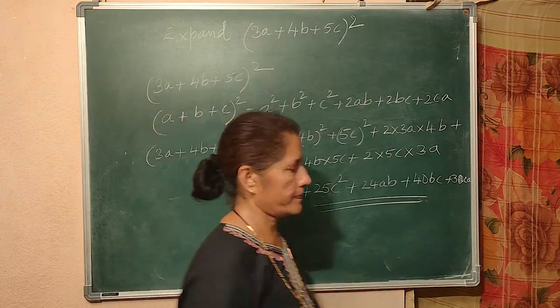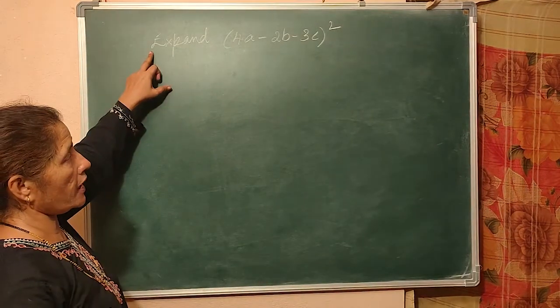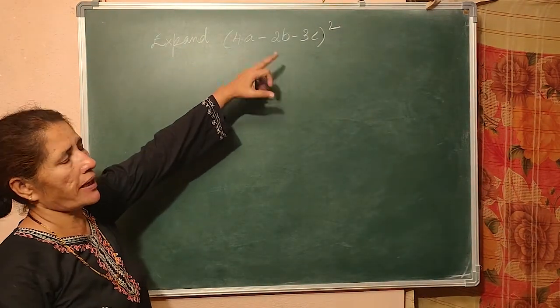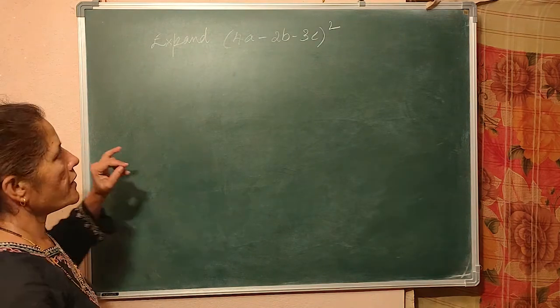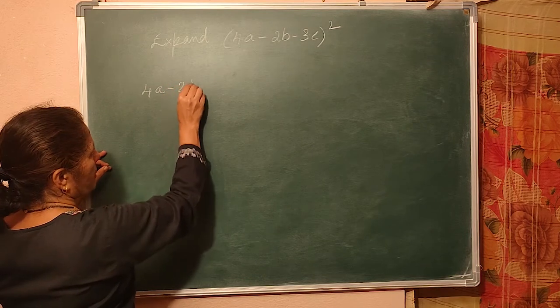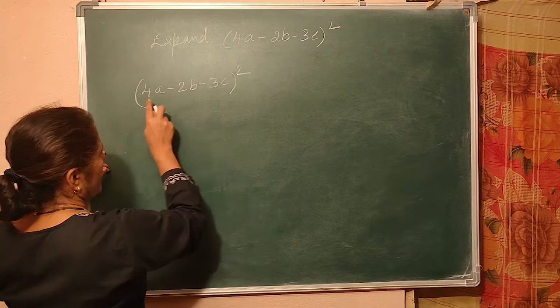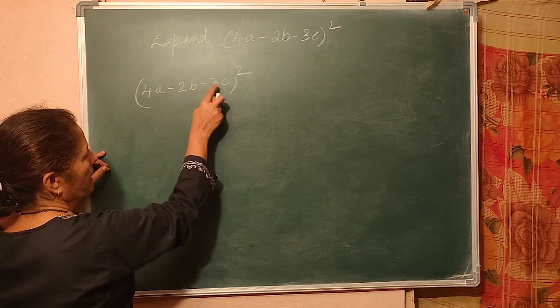No problem. The next question is expand (4a minus 2b minus 3c) the whole square. So, I write on the question (4a minus 2b minus 3c) the whole square. It is in the form of (a + b + c) the whole square.